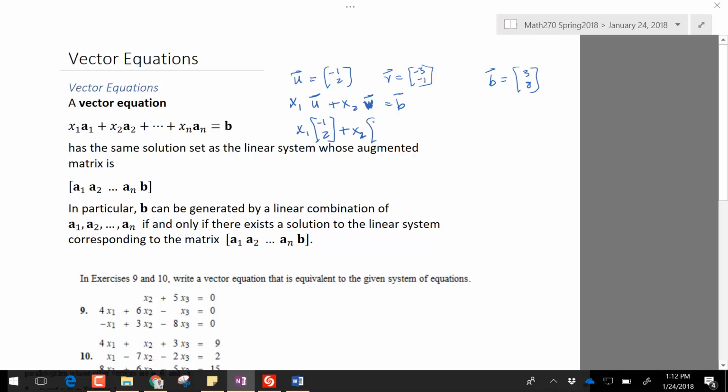So we have x1 times negative 1, 2, that vector, and x2 times the v vector, which is negative 3, negative 1, is equal to 3, 8. So that is your vector equation. And what they're saying is that you can rewrite these as columns.